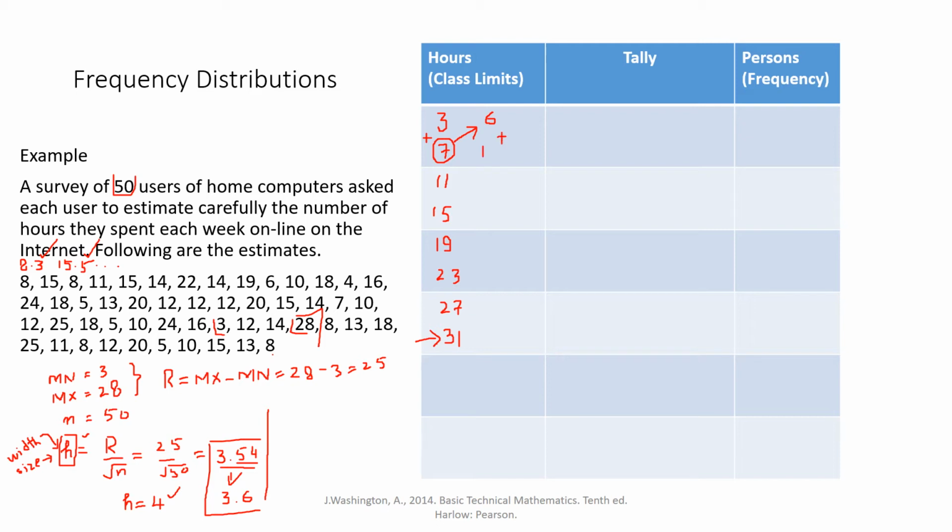So this will be 10, this will be 14, and you see it automatically adjusts itself. Plus 4 is 18, plus 4 is 22, then 26, and then 30. So we don't need this class because our maximum number now falls here.